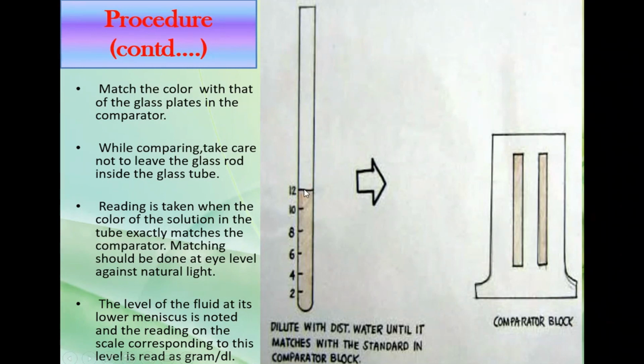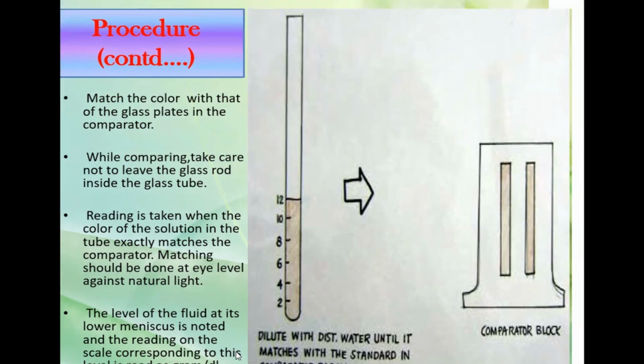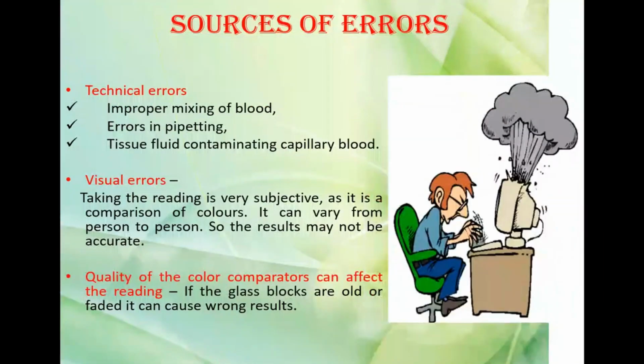You take only the lower line as the hemoglobin level. That level will indicate the amount of hemoglobin, and it should be represented as grams per deciliter. So this is how we can calculate the hemoglobin level.